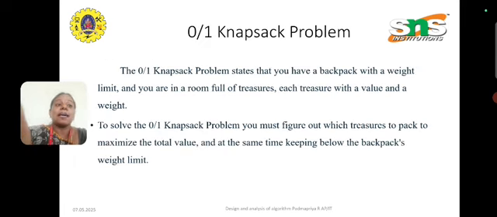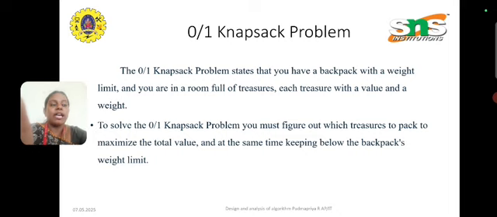So what is the knapsack problem? As we said before, the knapsack problem states that you have a backpack with a weight limit and you are in a room full of treasures, each treasure with a value and a weight. A knapsack is a kind of bag that can hold a limited weight.